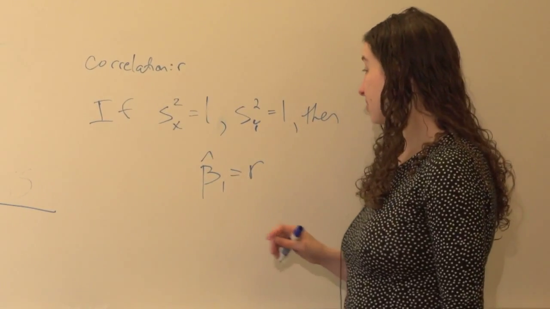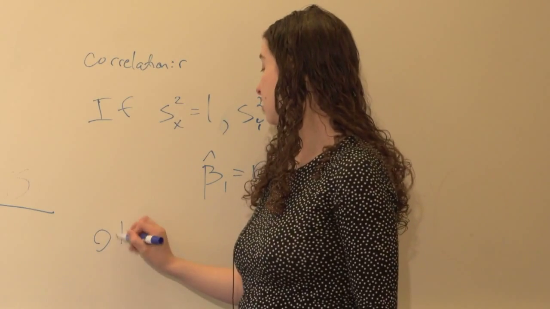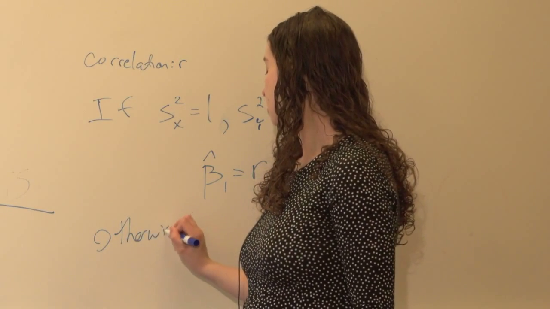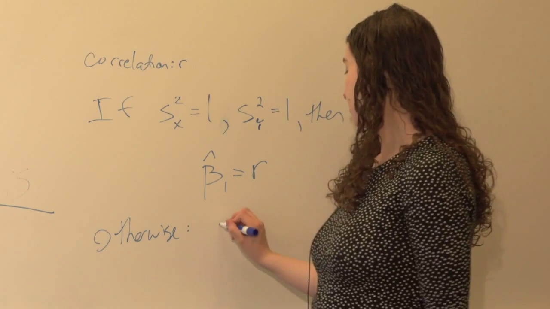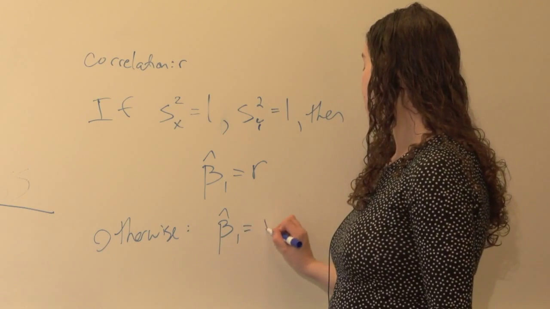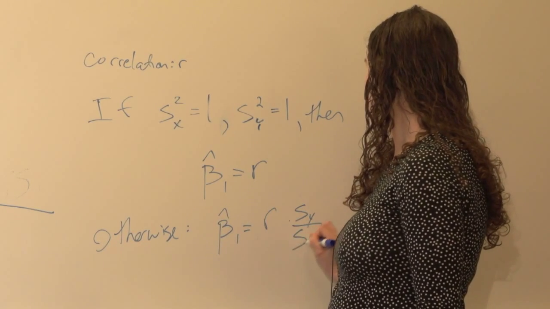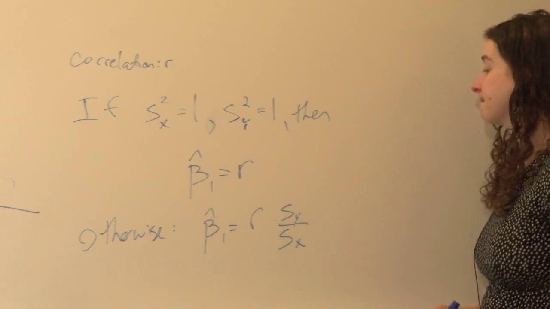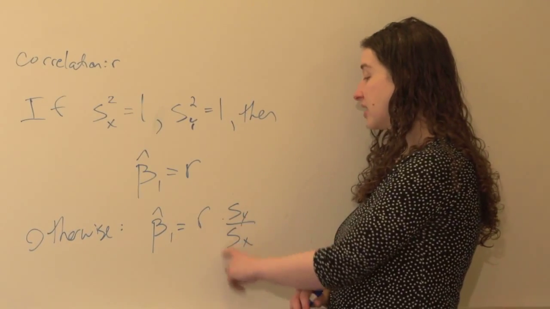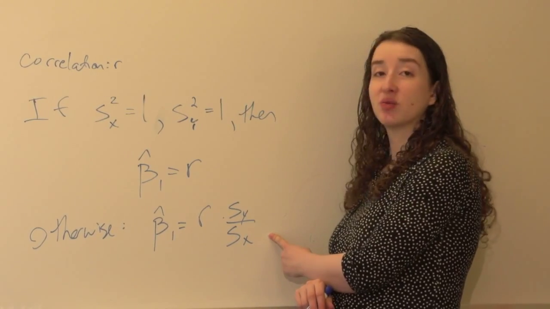So if this statement right here is not true, my slope is equal to the correlation times the ratio of the two standard deviations. This quantity here you can think of as just making sure that our slope is in the right units.